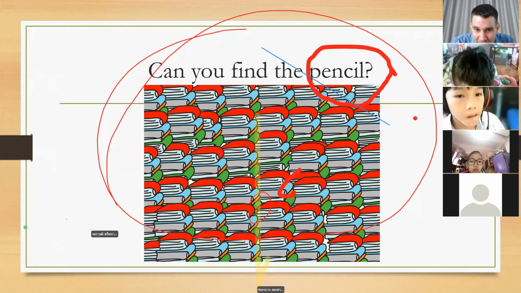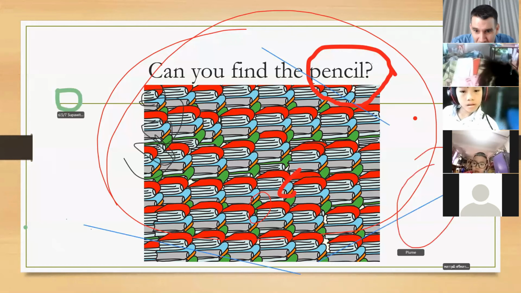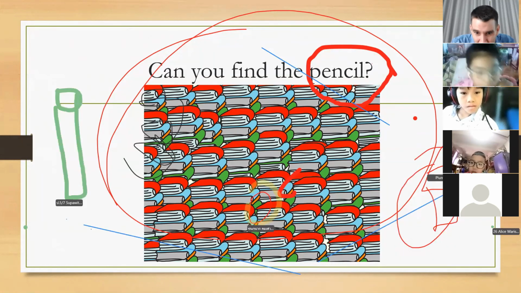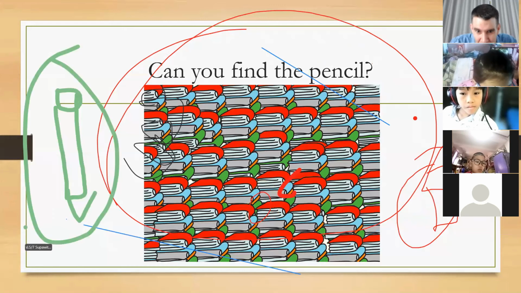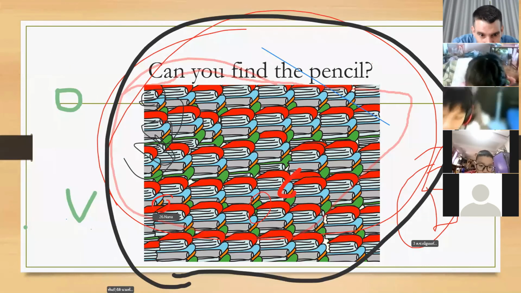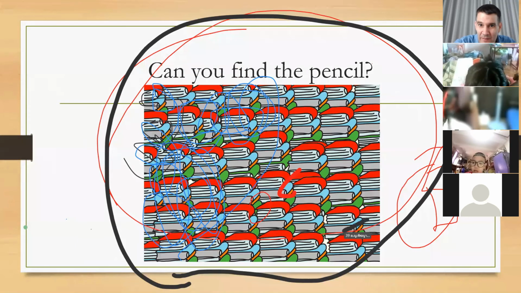Can you find the pencil? No? Where is the pencil? I don't see it. I don't know. I cannot find the pencil on this one. I looked at it for a long time, but I could not find it.